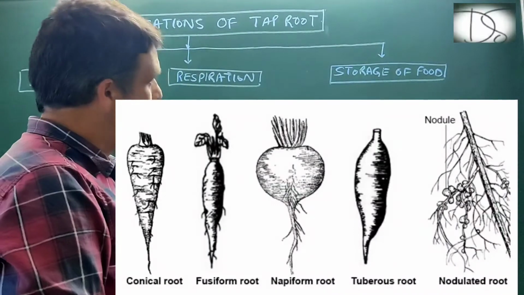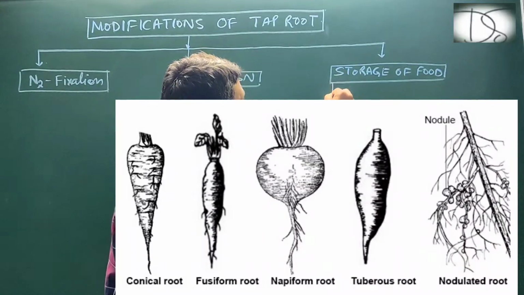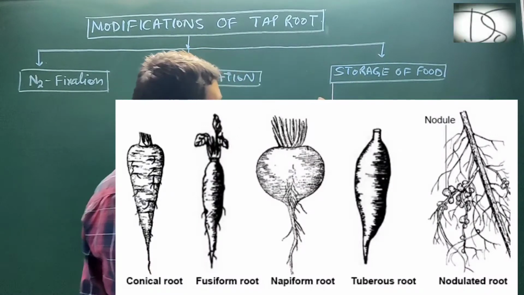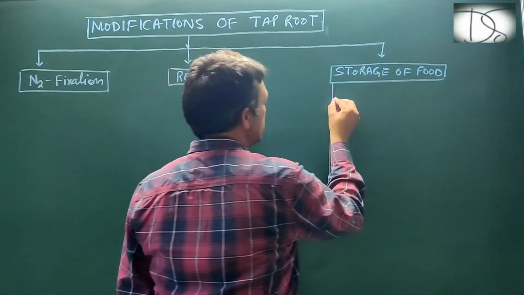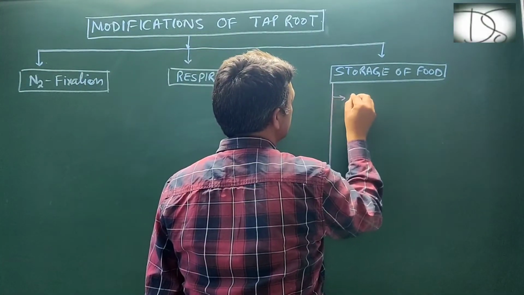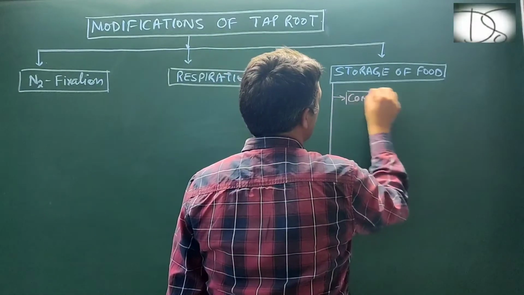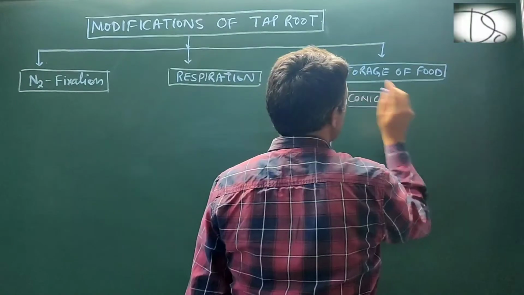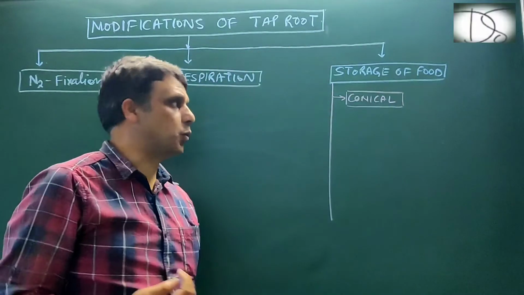First of all, when we talk about the modification of taproot for storage of food, we have basically four types of modifications, and first one is conical roots. Conical roots, as its name indicates, the shape of such type of root is in the form of cone.